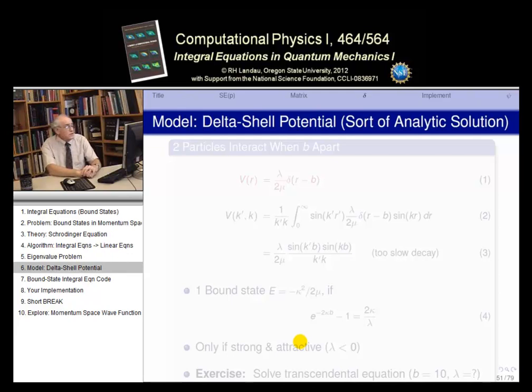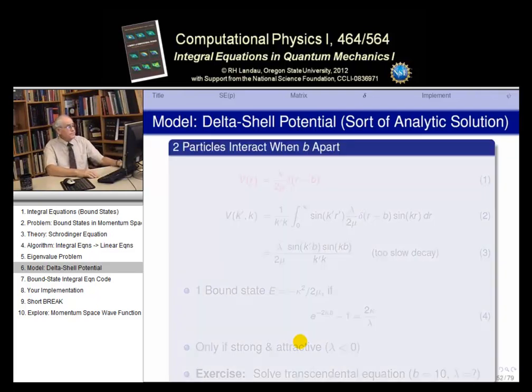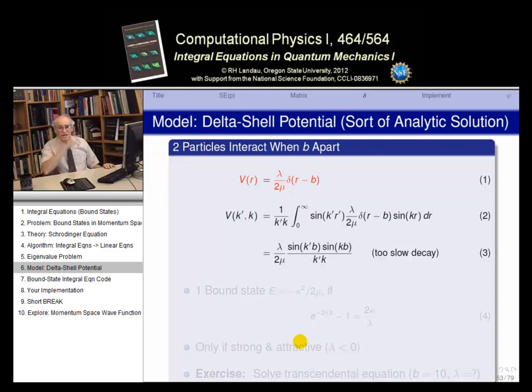Well, we're going to solve now the delta shell potential. So it's a very simple model for a potential, but analytic solutions exist both for bound states and scattering, at least solutions that we can check our numerics with, so it's very handy. This is a potential in which 2 particles interact only when they're a distance b apart.